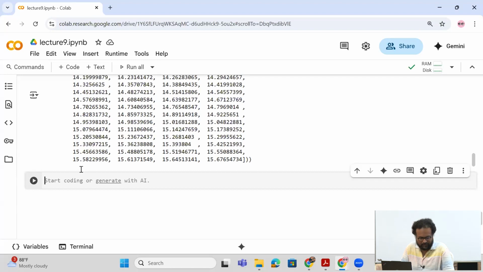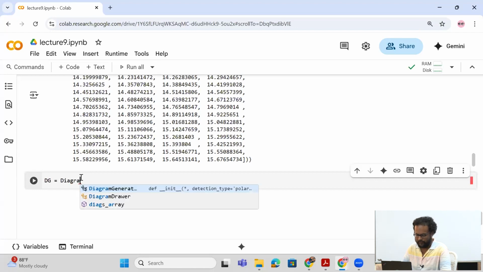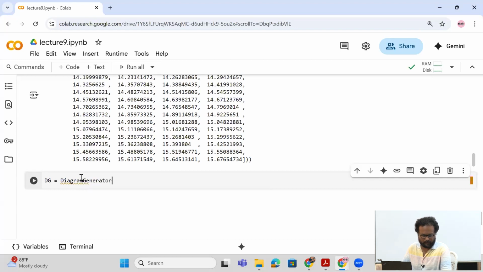So I start again with some DG, my generator, third thing.